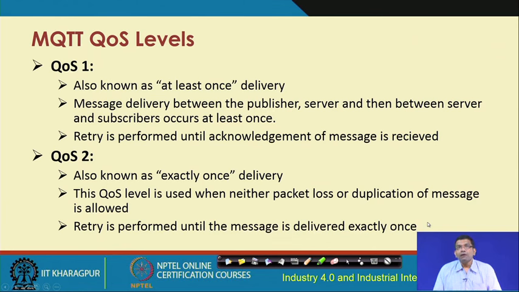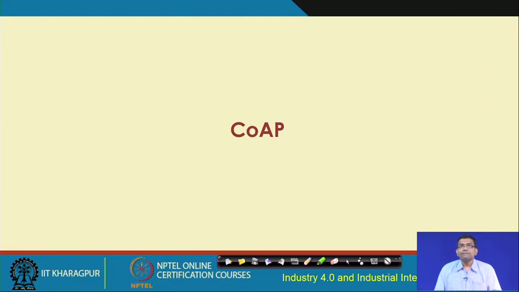QoS 1, on the other hand, talks about at least once delivery, where retry is performed until the acknowledgement of the message is received. QoS 2 is further different. It is about exactly once delivery, and the retry is performed until the message is delivered exactly once. So, this is how the MQTT protocol works.